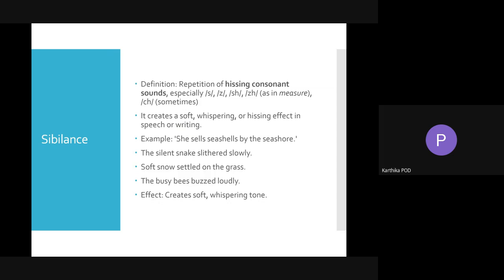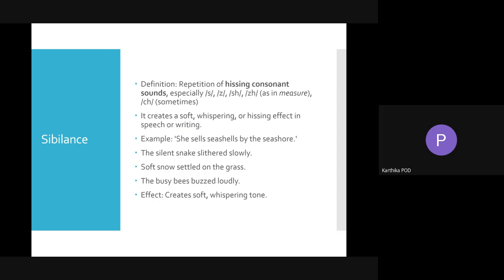Like in measure. It's not s and it's not j, but it's somewhere in between. So the effect of that is, when you say the sound, there's a soft whispering or a hissing effect in the speech, right?